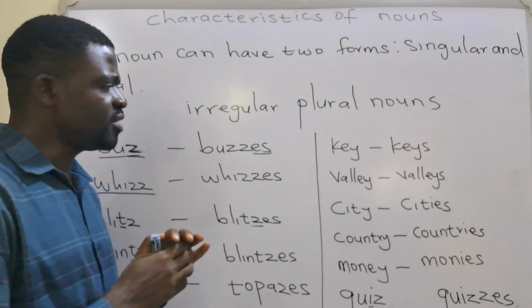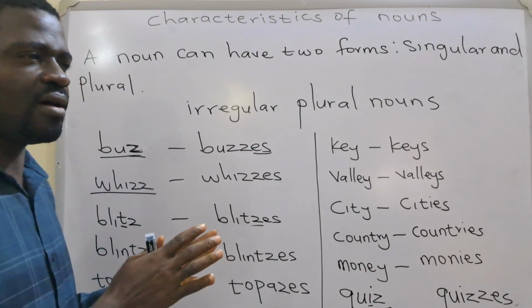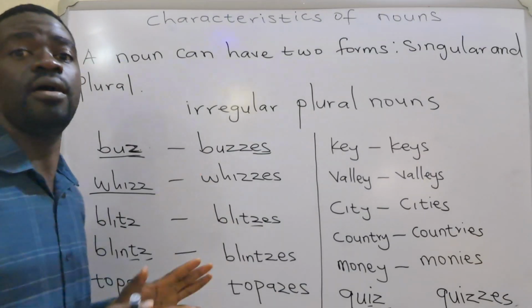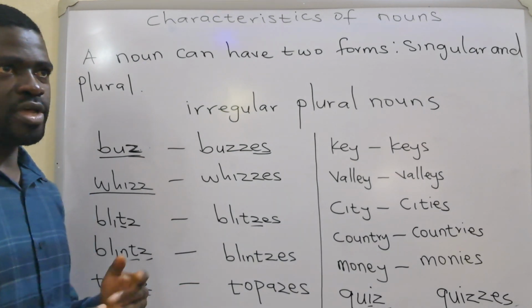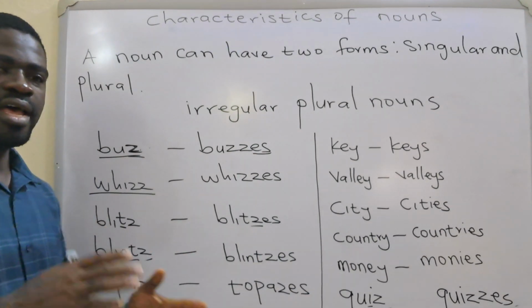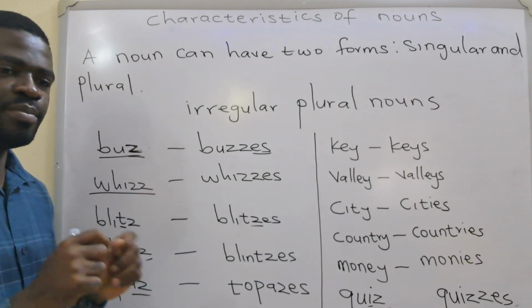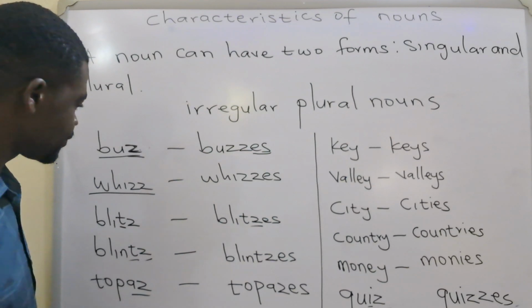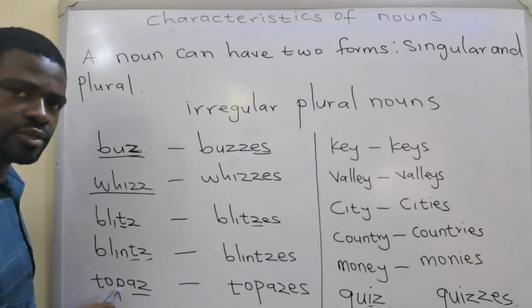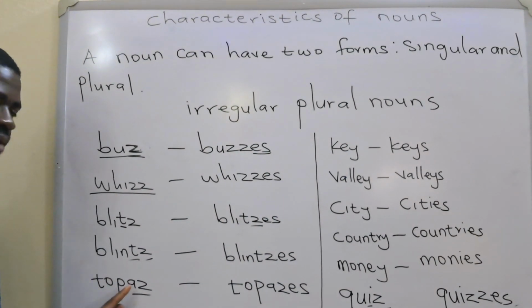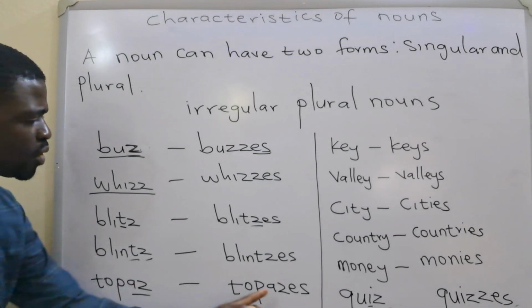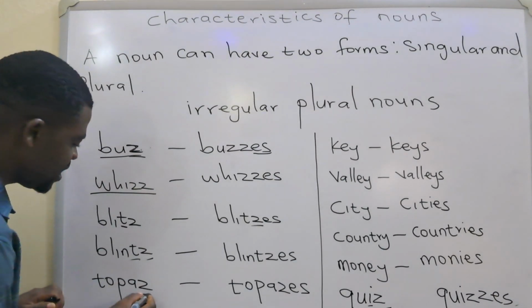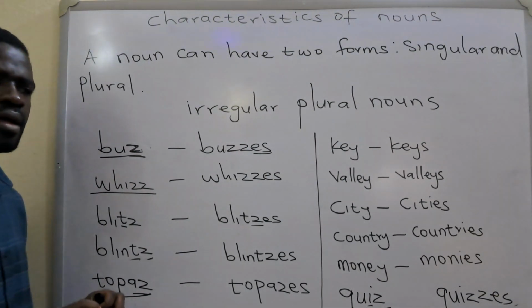That means you cannot just have one rule and then use that rule to apply to every noun. That will not work. So you can just take it that for English grammar, for every rule you have, there might be an exception. So paying attention to some of these exceptions is very important. Why is it that this one, topaz, even though the preceding letter before the last Z is a vowel, I'm not going to add double Z? That is because topaz as a noun doesn't take a plural.